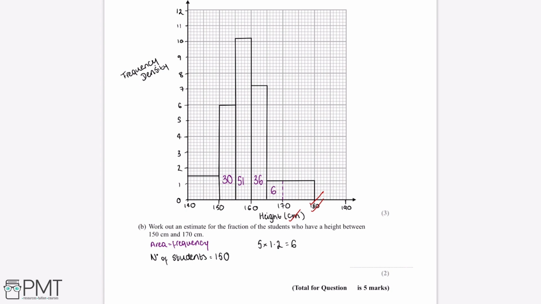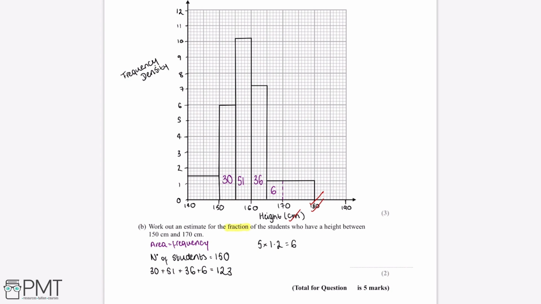So now the final thing we need to do is add together these 4 values. And this gives us an answer of 123. So 123 is an estimate for the number of students with a height between 150 and 170 centimetres. However, we want this as a fraction.